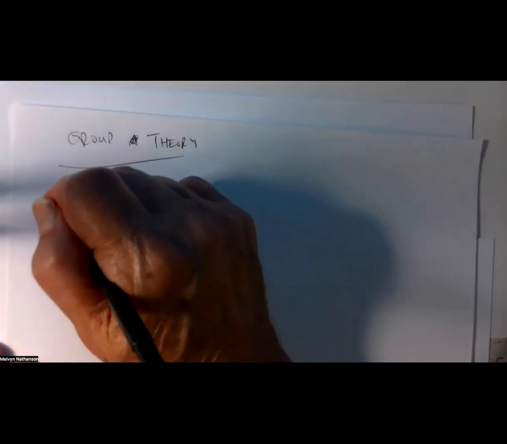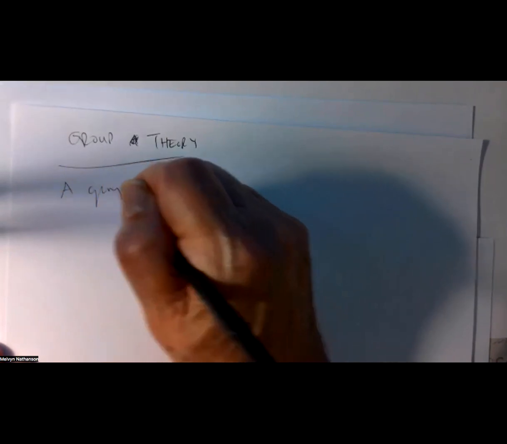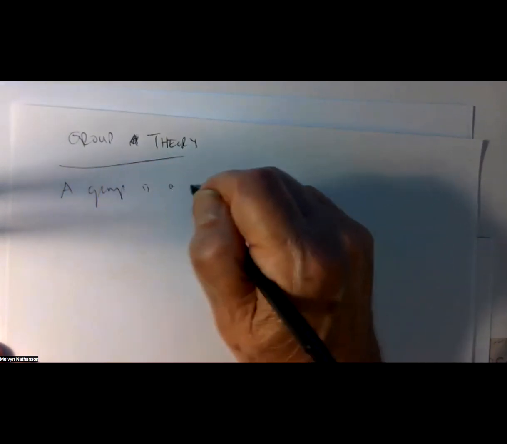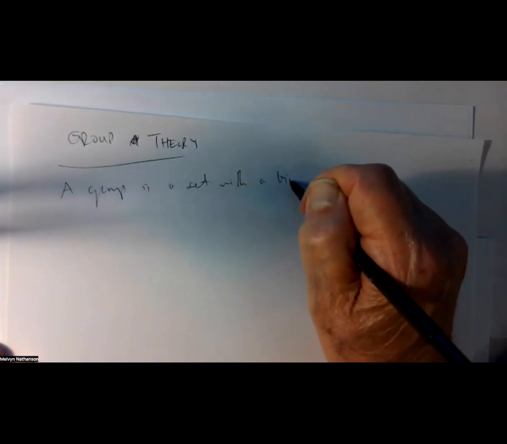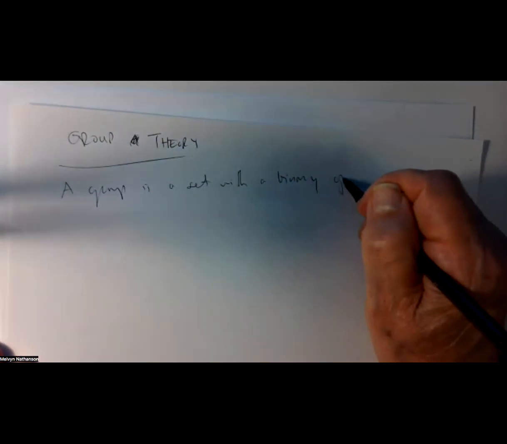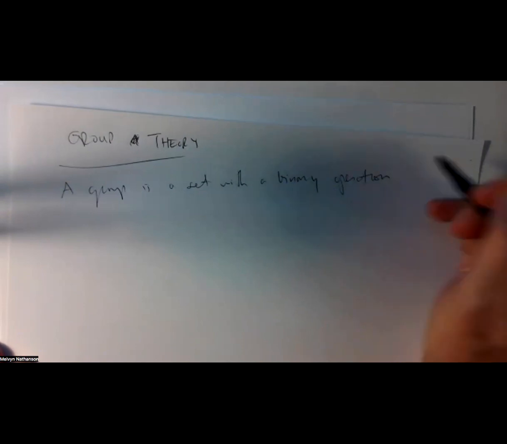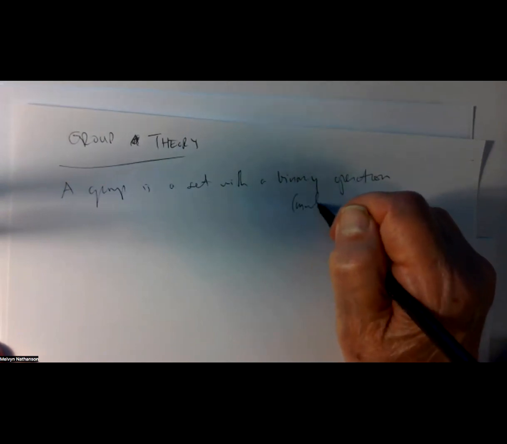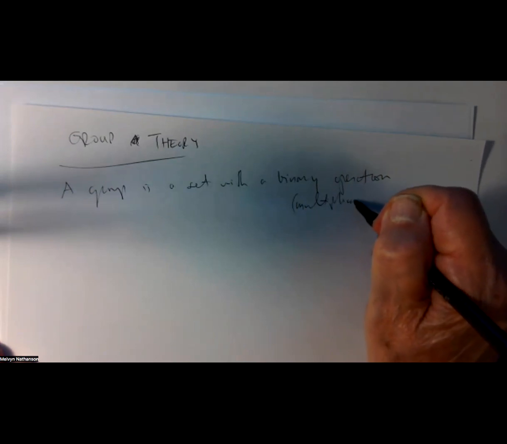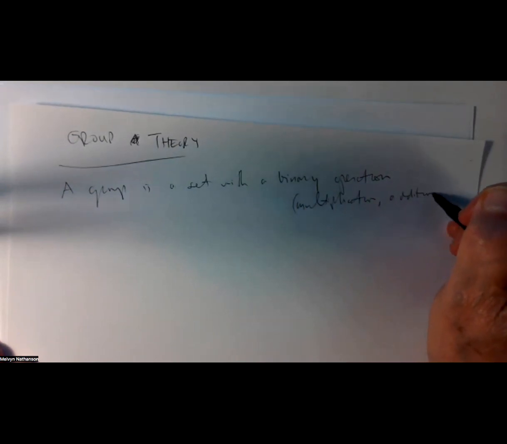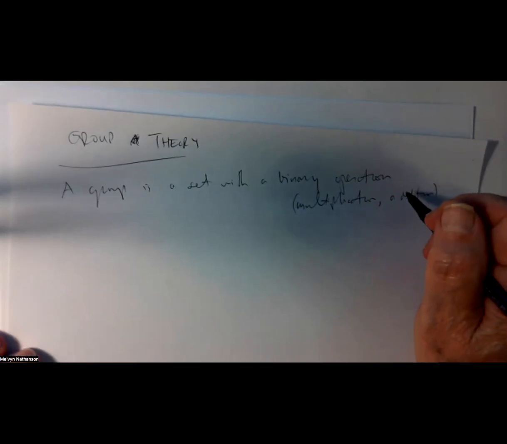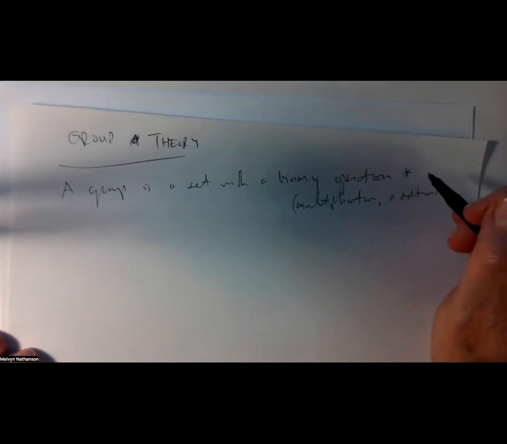So a group is a set with a binary operation. It's often written as multiplication, or often written as addition, but I'll call it star.